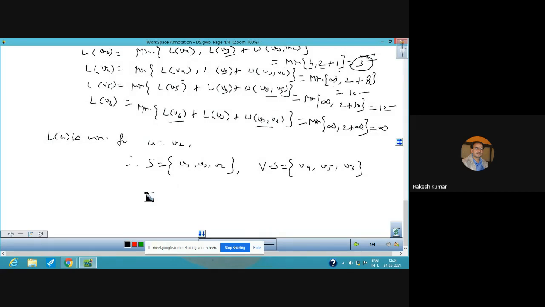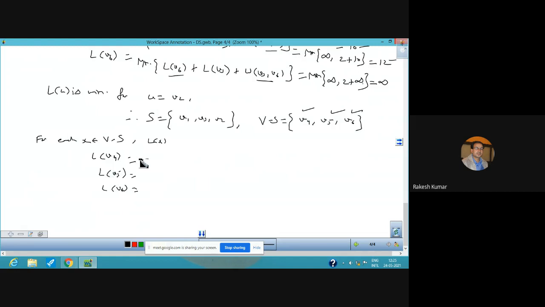Now we have to repeat the step again, and let us do the step. The next step will be again, for each x belonging to V minus S, we compute the values Lx. Lx means L of V4, L of V5 and L of V6, by using the same technique or the same formula.